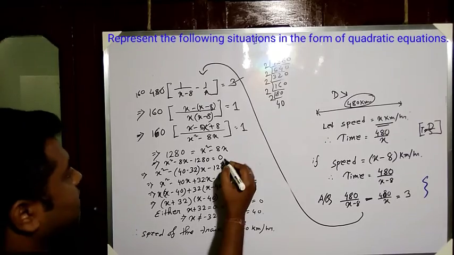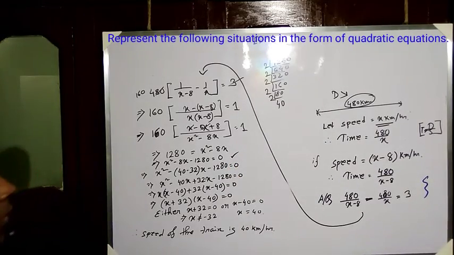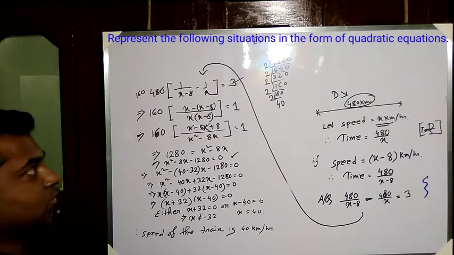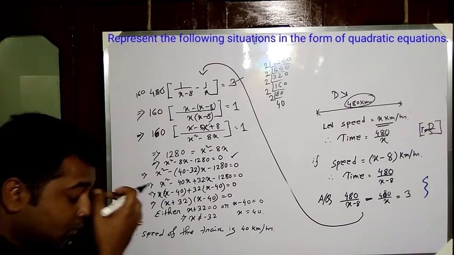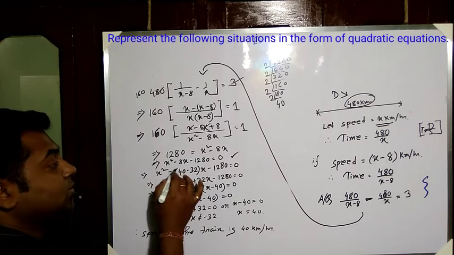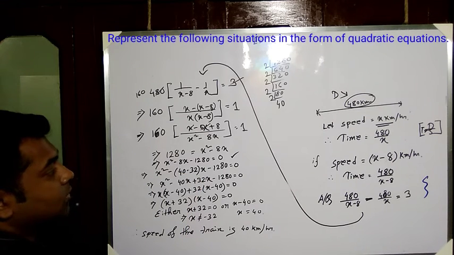Up to this, I think there is no problem. Now in your question, find out the speed of the train. So that's why we have to factorize this quadratic equation.